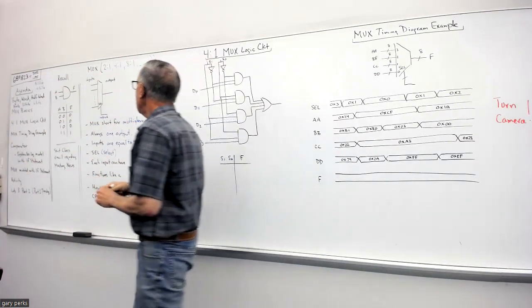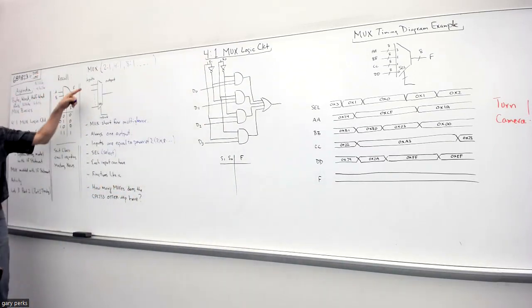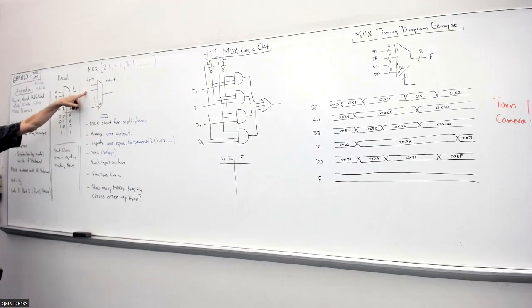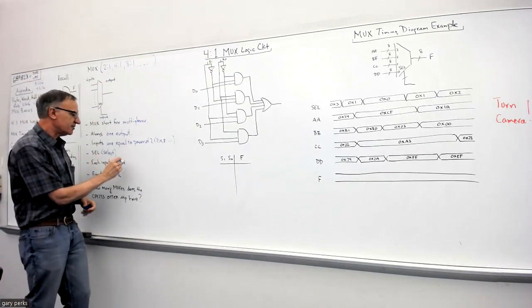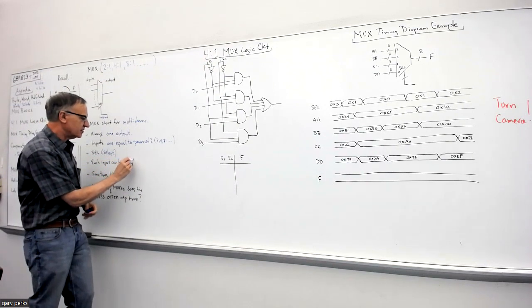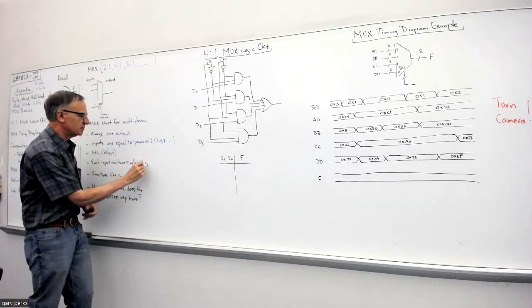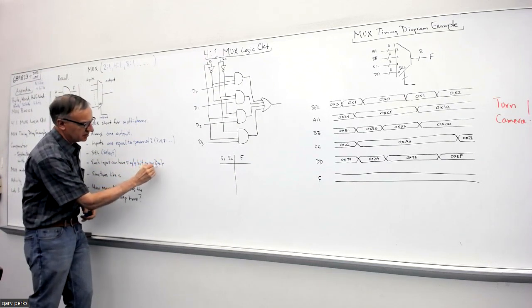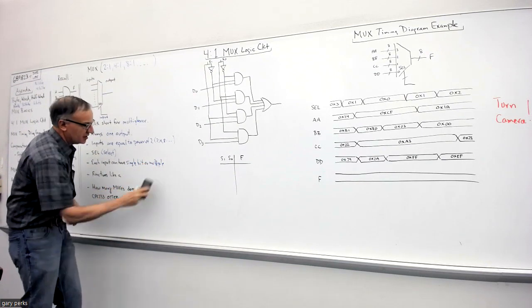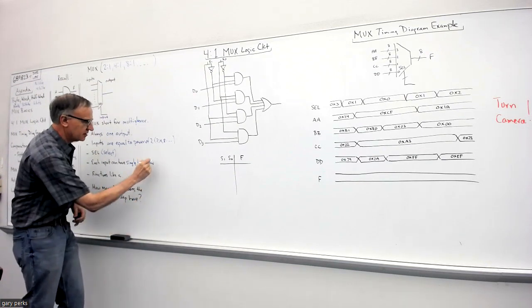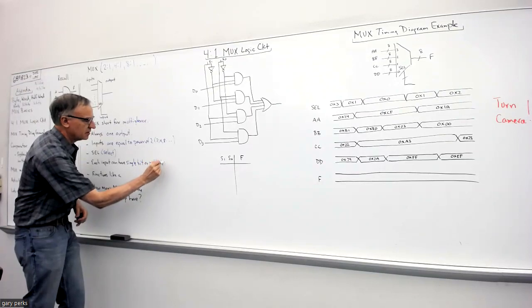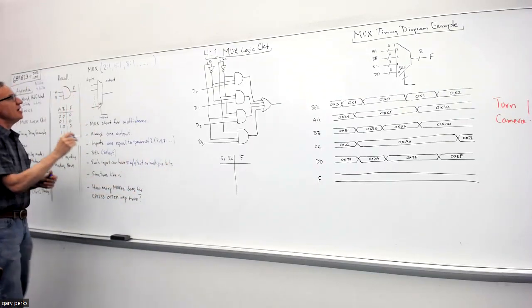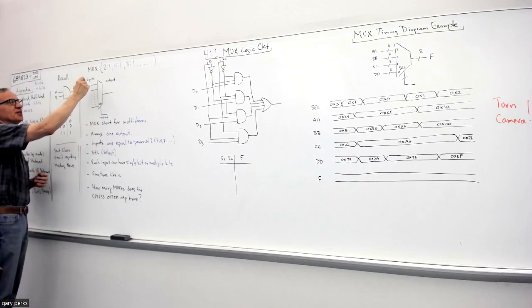Now, each input can either be a single bit or it can be multiple bits. If I had inputs with multiple bits, you would show the slash and how many bits.